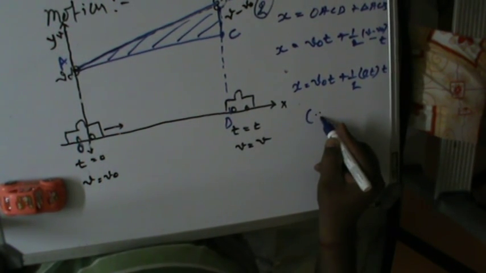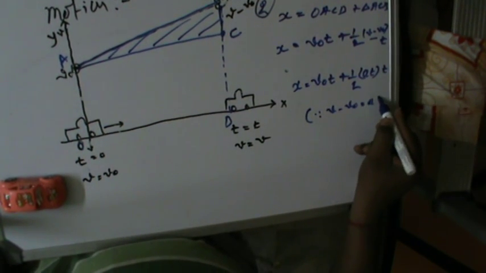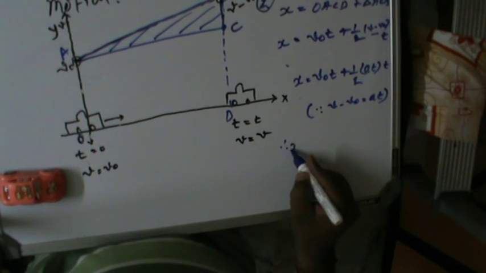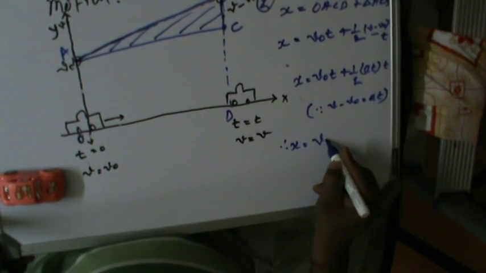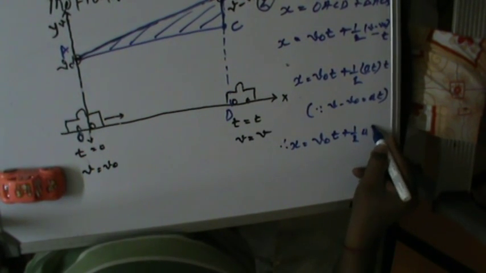From equation 1, V minus V0 is nothing but at. So more simply, x is equal to V0t plus 1/2 at squared.